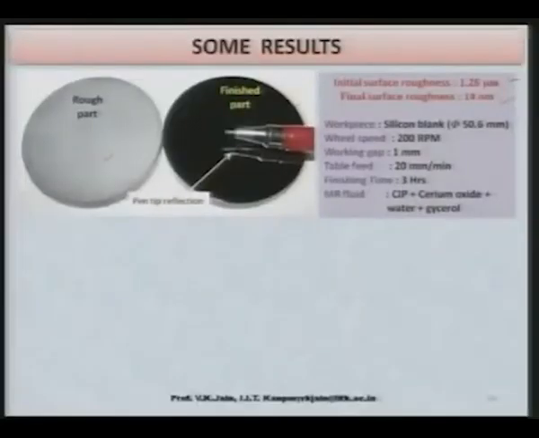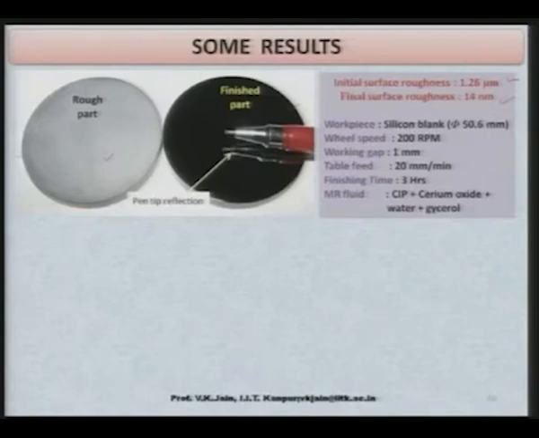The workpiece was a silicon blank, 50.6 millimeter diameter, wheel speed was 200 rpm, working gap was 1 millimeter, and table speed to cover the whole surface was 20 millimeter per minute, and total finishing time is quite large, that is 3 hours.